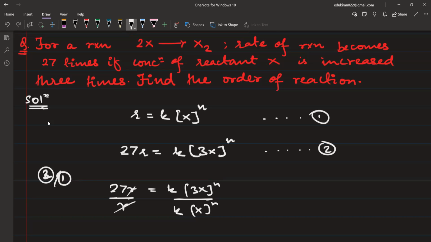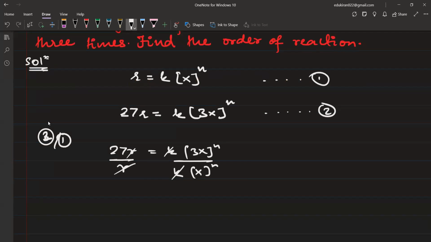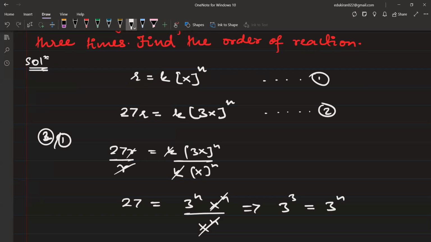Now R and R get cancelled, K and K get cancelled. 27 will be equal to 3 to the power n, x to the power n upon x to the power n. X to the power n cancels. This is equal to 27. I can write it as 3 cubed, and this is also 3 to the power n. That means n is equal to 3.